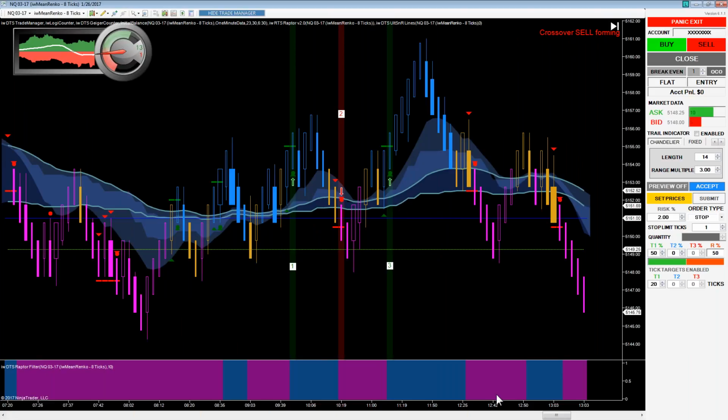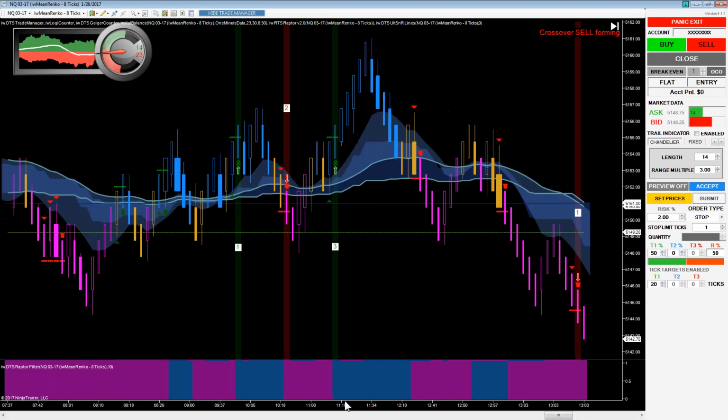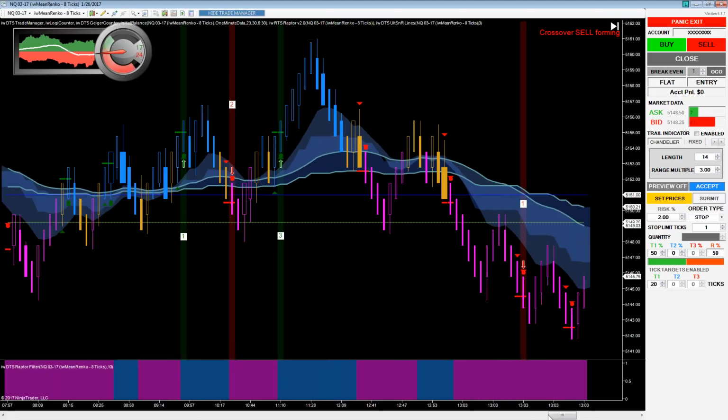All right, so if we came back with a buy signal here now, a number one signal, we might be a little bit more interested in taking that. But you see, it never did come through, and now the bearish momentum is coming back. So that's how you can use the filter there at the bottom.